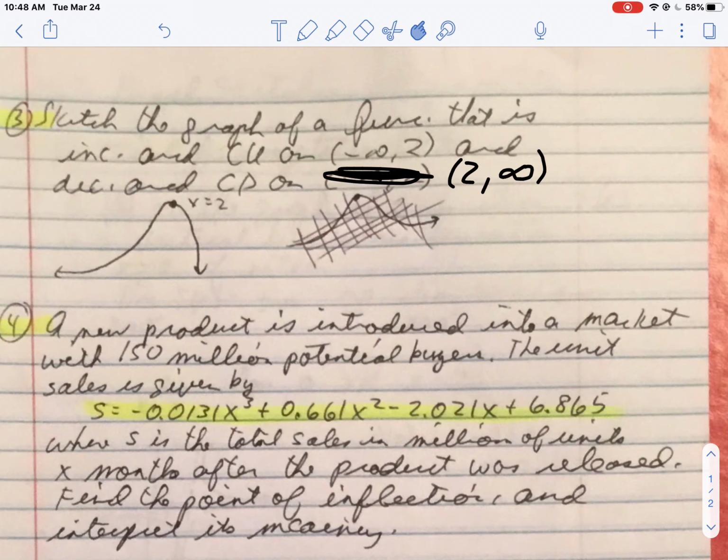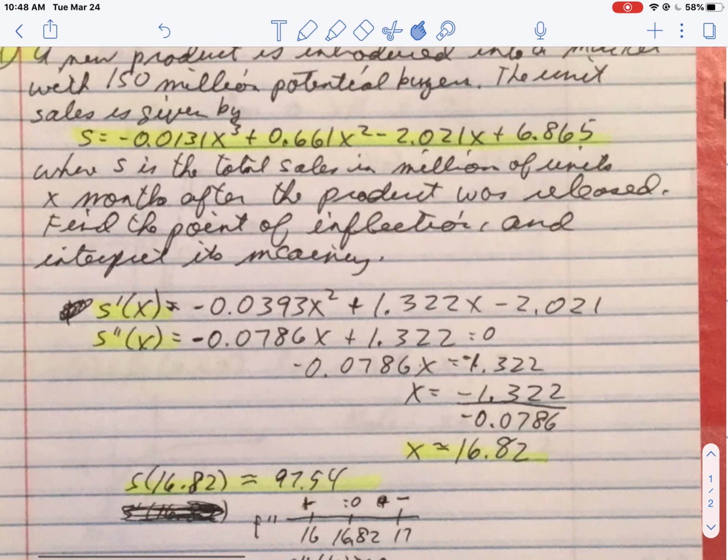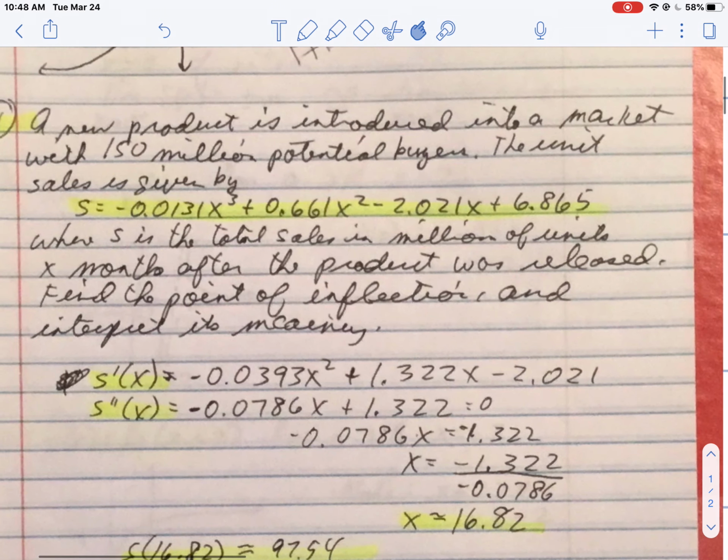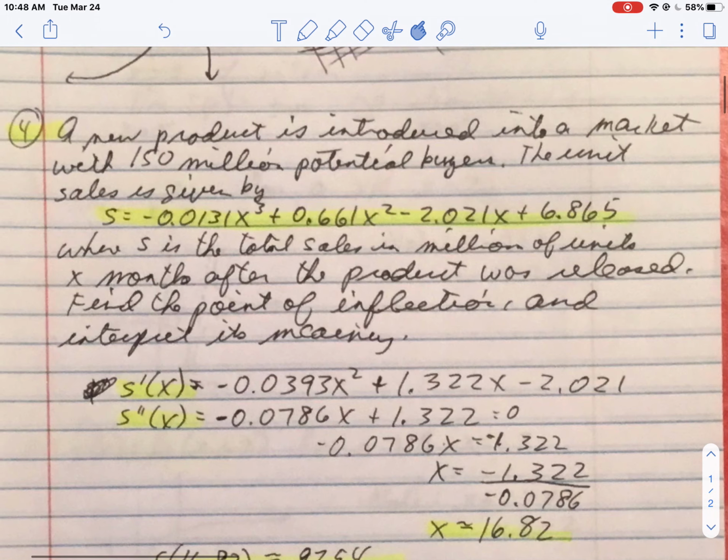Lastly, application, right? We always throw in an application to put this into context a little bit. So for this one, number 4, we've got a new product that is introduced into a market with 150 million potential buyers.